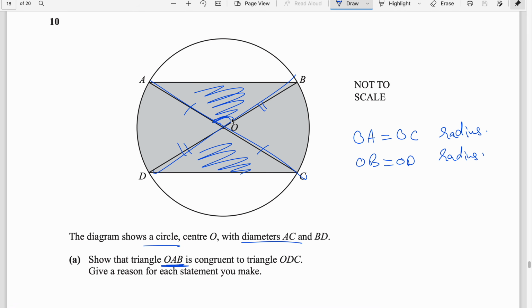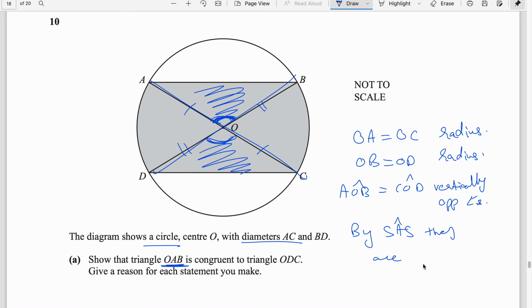Third, let me say we write this angle and this angle, which is AOB is equal to COD, and the reason is vertically opposite angles. And the property is side angle side, so they are congruent.